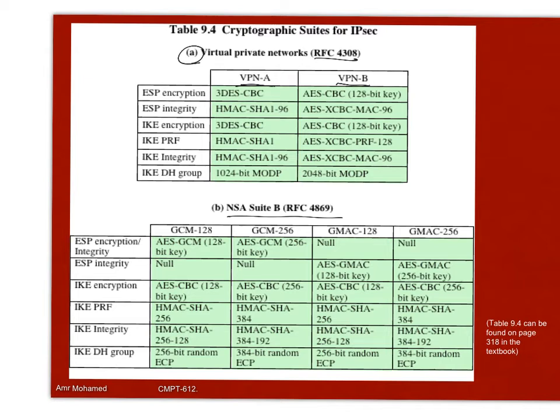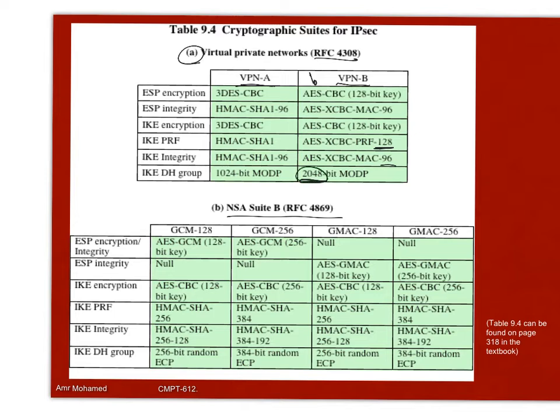VPN B tends to have stronger security with respect to VPN A, and that's why you see that AES is used for everything. Okay, so AES, of course, is stronger in security and at the same time more efficient in terms of complexity. So here as well, they tend to use a larger key, or at least the same key.